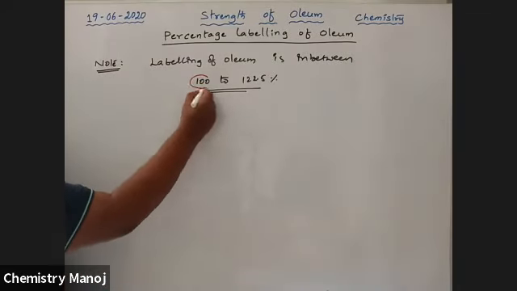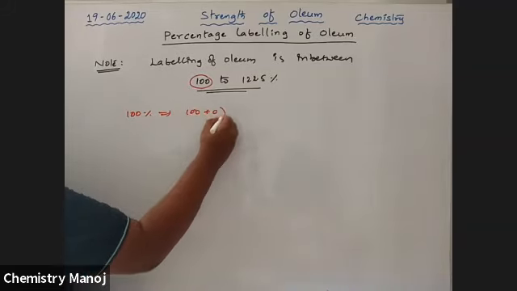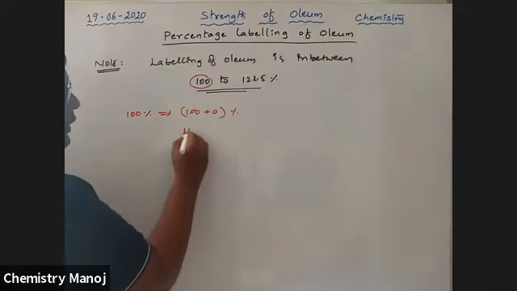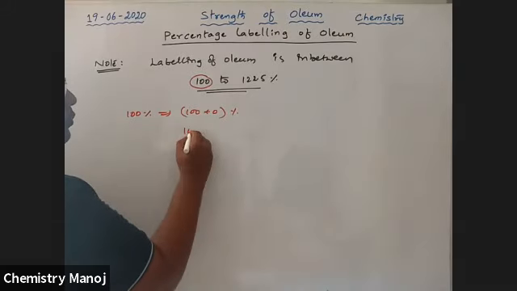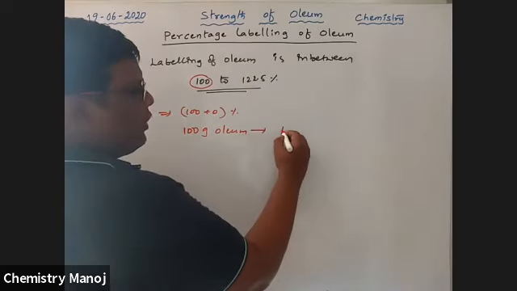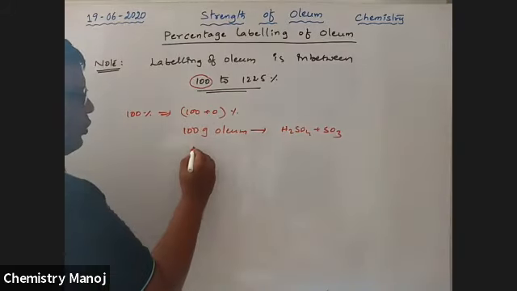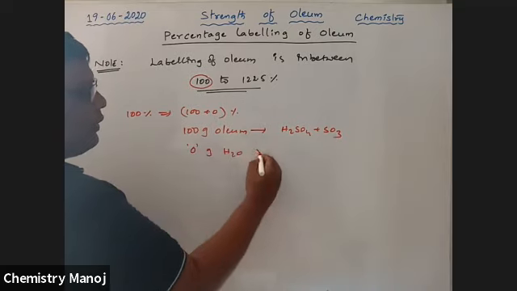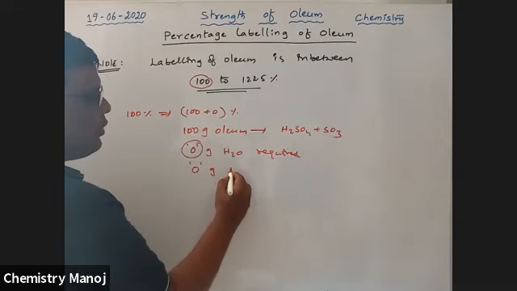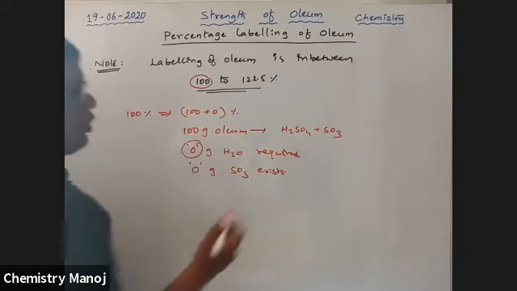If it is 100%, that means 100 plus 0 percent. That means 100 grams of oleum is present, in which H2SO4 and SO3 exist. 0 grams of water required means 0 grams SO3 exists.